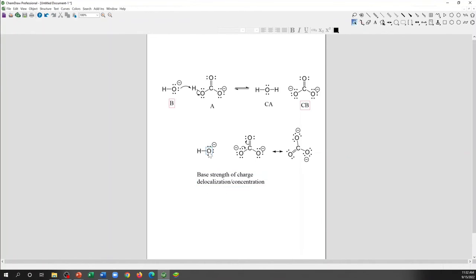So hydroxide is a stronger base than carbonate because the negative charge on the oxygen is more concentrated in hydroxide than it is in carbonate. That means that hydroxide is the stronger base and carbonate is the weaker base, and equilibrium will favor the formation of the weaker base. So equilibrium favors the products in this reaction.